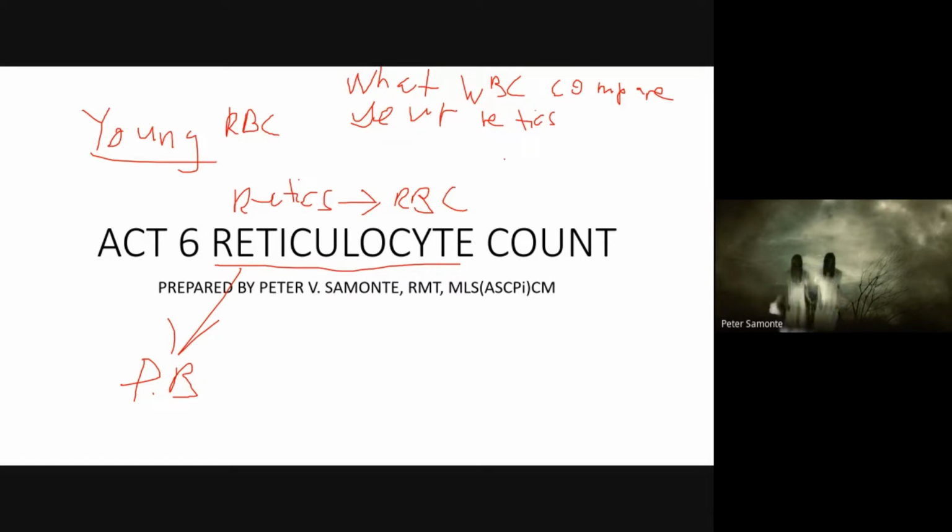Ano yung young WBC na nakikita nyo sa peripheral blood class? Hindi myeloblast. Makikita nyo lang yan sa peripheral blood pag may leukemia yung patient. Hindi erythroblast. I'm talking about WBC. Hindi erythrocyte. Anong WBC?